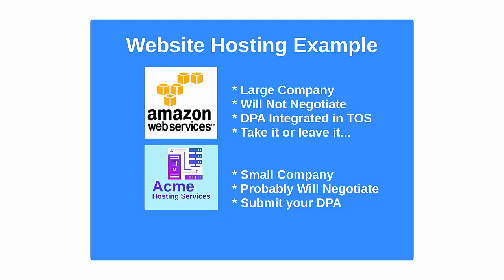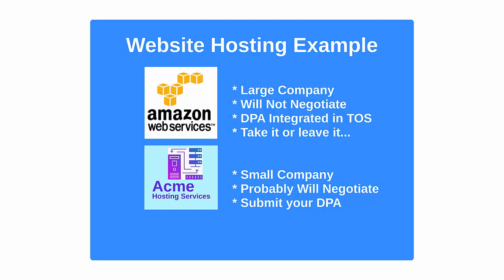AWS is a large company, and they will not negotiate with you on your DPA that you have in your quiver. They integrate their DPA into their terms of service. So basically, the DPA decision that you need to make is take it or leave it. If you're going to become a customer of AWS, it's a part of their TOS, which they do not negotiate.